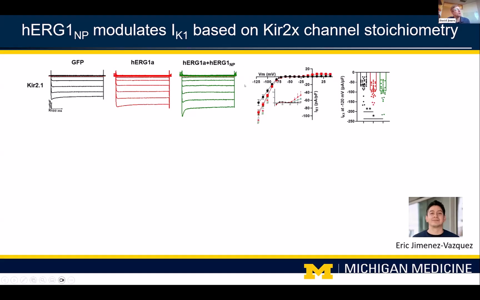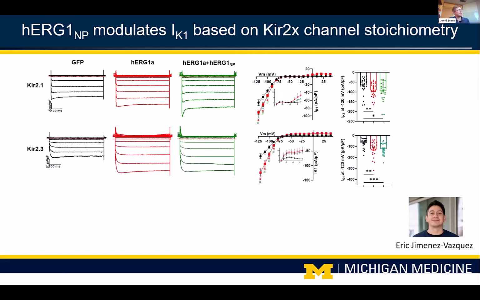He adds in hERG1MP, and there's no additive change on the inward current. So whatever's happening on the inward side, hERG-MP has no additive effect. So hERG1A is either masking the interaction site, probably. And he repeats that for 2.3. He sees the same thing.